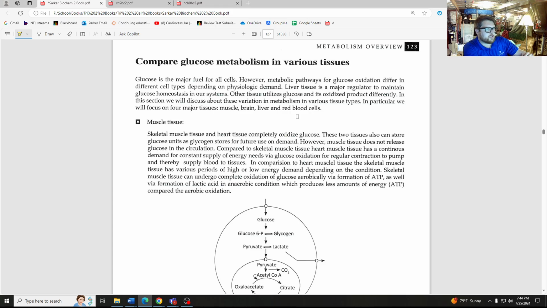Liver tissue is a major regulator to maintain glucose homeostasis in our systems. Other tissue utilizes glucose and its oxidized product differently. In this section, we'll discuss the variation in metabolism in various tissue types. In particular, we'll focus on 4 major tissues: the muscle, the brain, the liver, and then red blood cells.